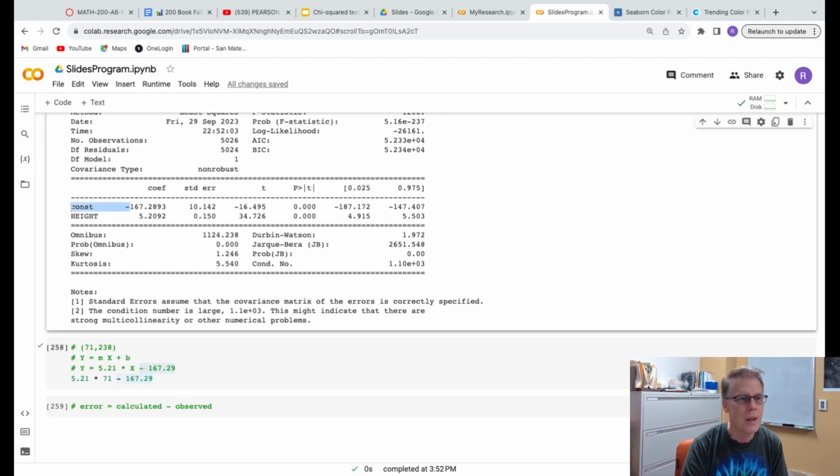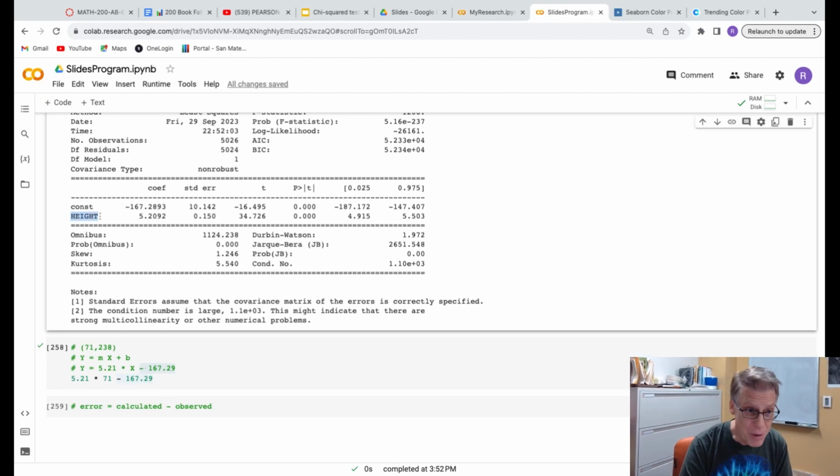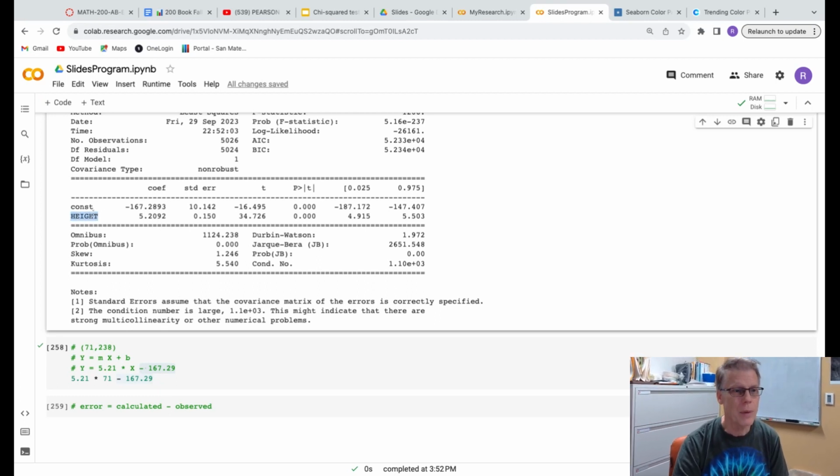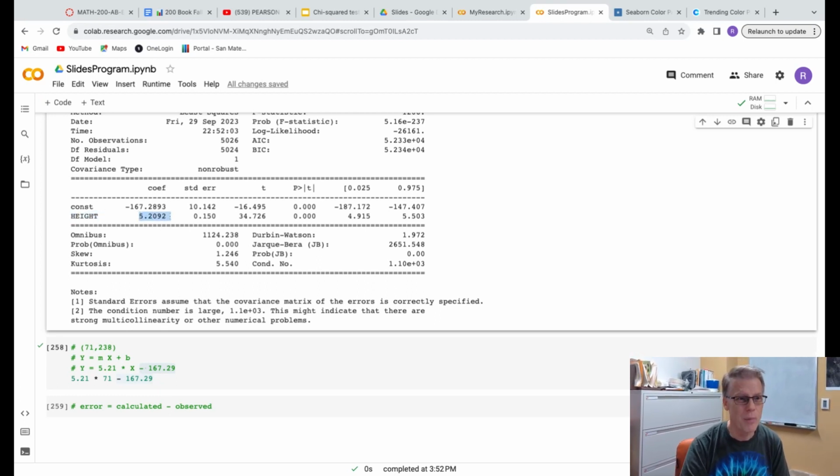Right here. There's the b, minus 167 point, I just rounded off to 2 decimal places, 0.29, and there's the m. Now it's labeled with the input variable, my bad. It's labeled with the input variable, but it's the slope. There's the slope that I grabbed.